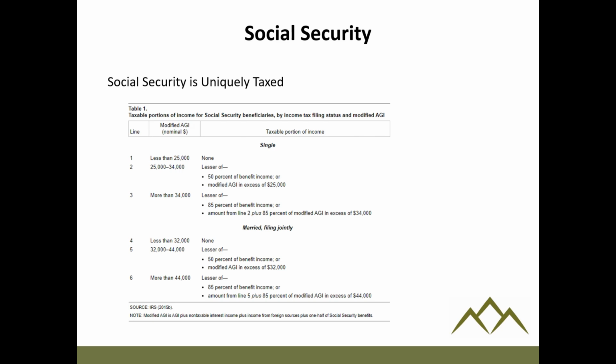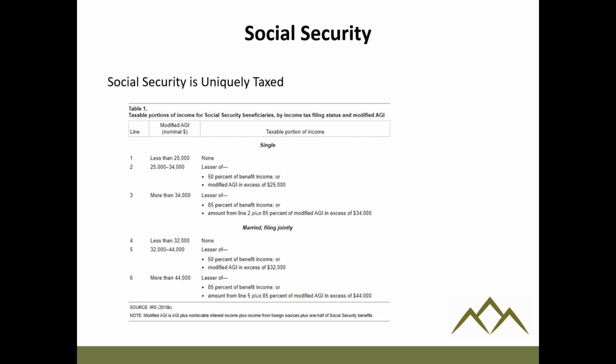For instance, if you're married filing jointly and your modified AGI, which is a play on the adjusted gross income calculation I was referring to earlier, and I'm not going to go into the details because it's a bit archaic in how it's calculated, but if your modified AGI, which is going to be pretty close to your AGI before Social Security, is less than 32,000, you don't pay taxes on any of it.